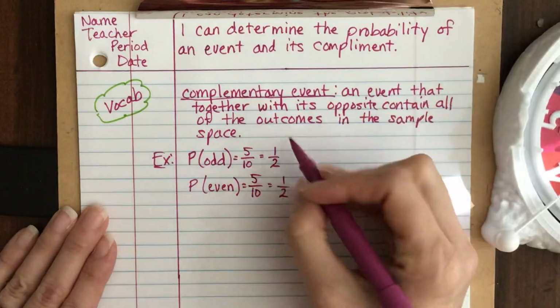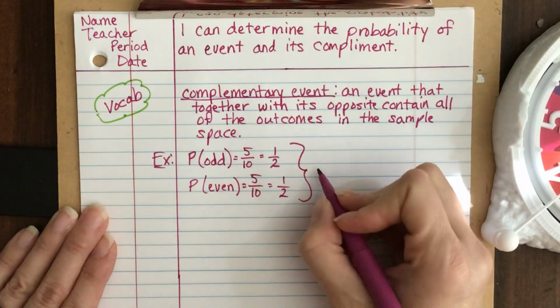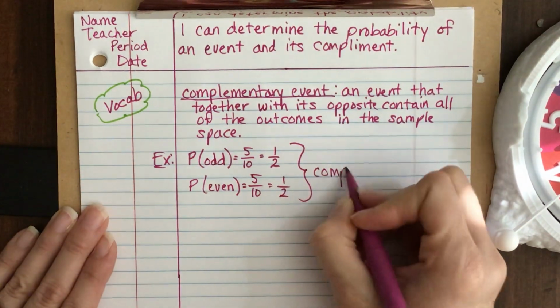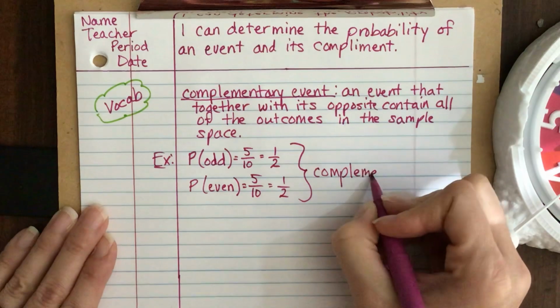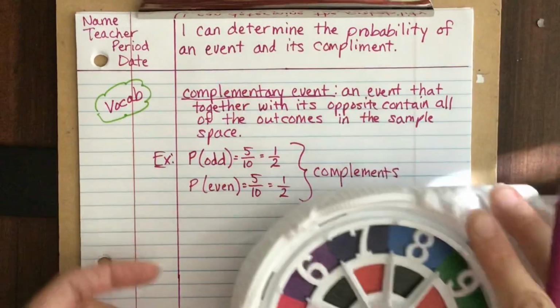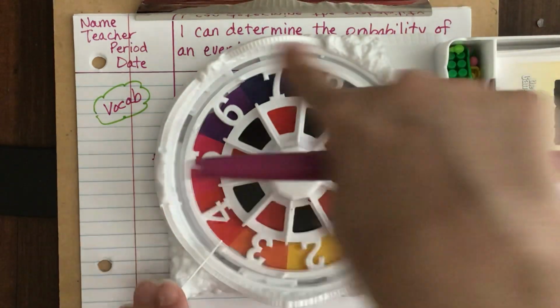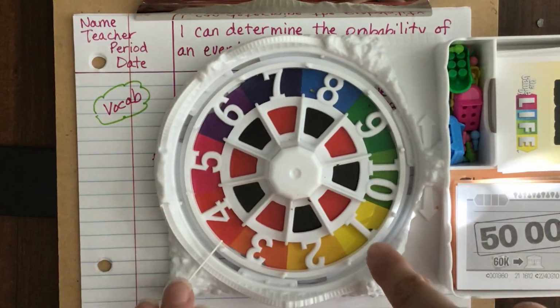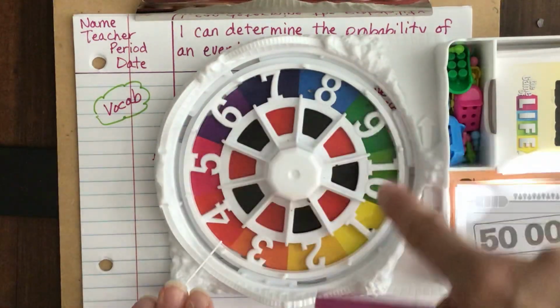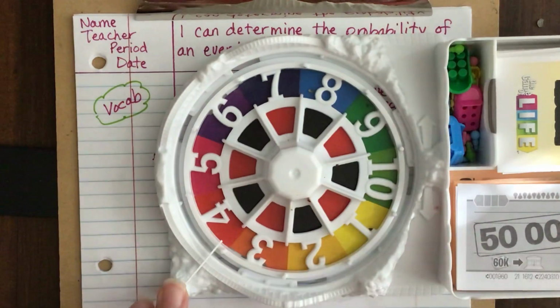So what we can say is that these two events, odd and even, are complements to each other. They are complements because between the two of them, it covers every possible outcome. The sample space is 1 through 10. And if you're finding the probability of the odd numbers, that's 5 of them. And the even numbers is the rest of them, that's the other 5.